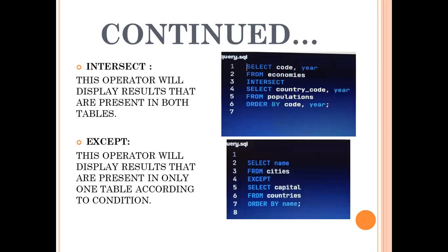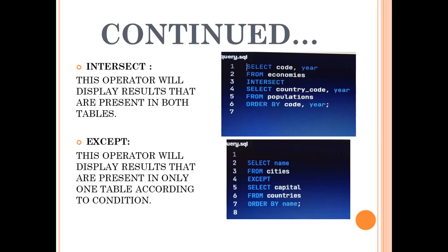Talking about the intersect operator. The intersect operator will display results only that are present in both tables according to the condition. For example, you want to select code and year from the economies table, and you want to select country code and year from the population table, then you will join these two syntaxes by the intersect operator.